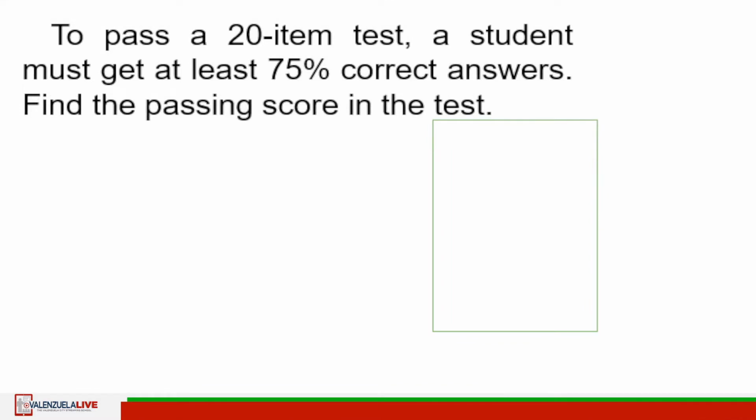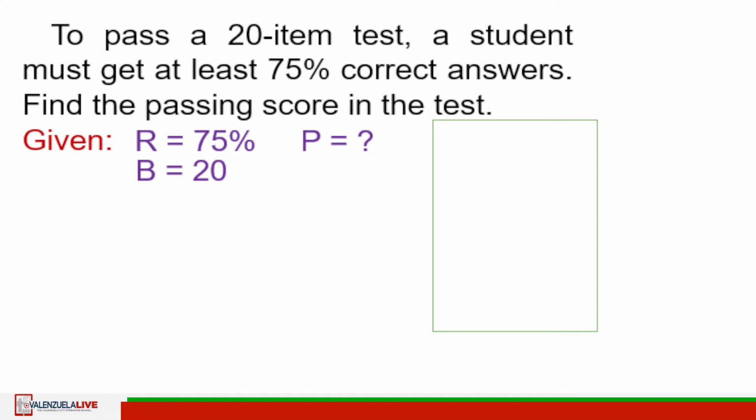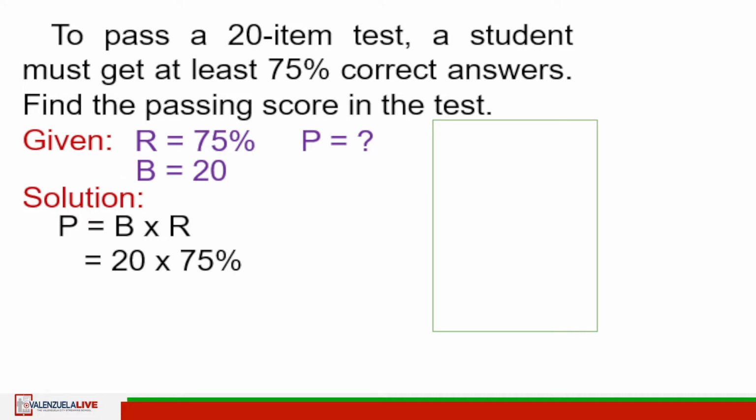Let's try another solution. By applying the formula, the given are R is 75%, B is equal to 20, and the missing element is P, or the percentage. Applying the formula for the percentage, we need to multiply the base and the rate, which is 20 and 75%.